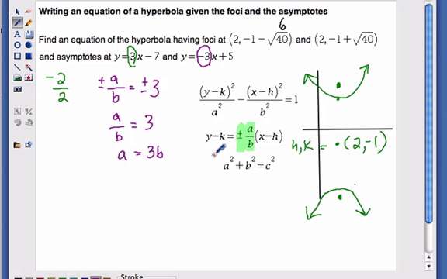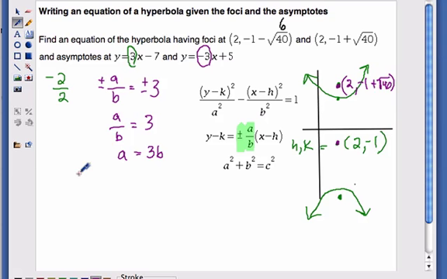Now we're going to use this equation right here, a squared plus b squared equals c squared. Remember, c is the distance from the center to one of your foci. So if you remember that this focus here was (2, -1 plus the square root of 40), the distance between these two is basically the difference between these two points.